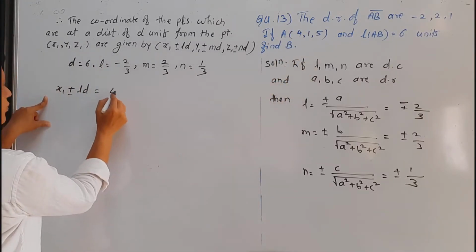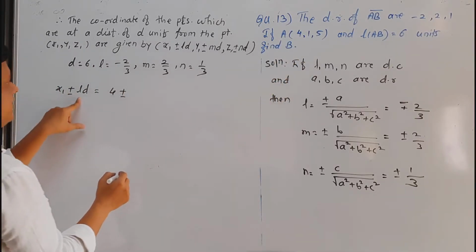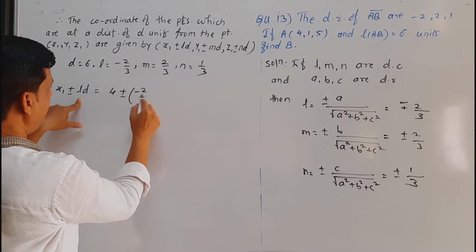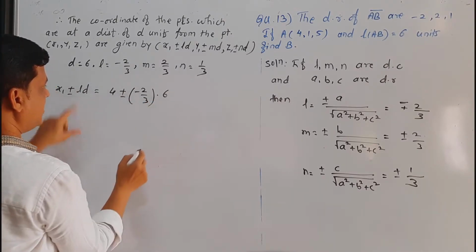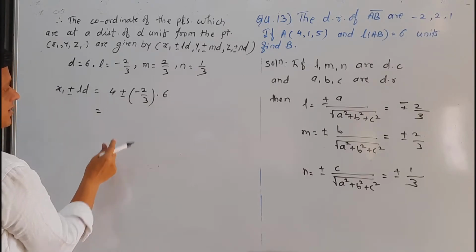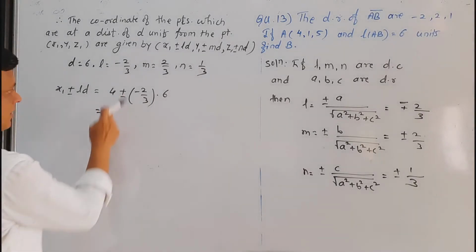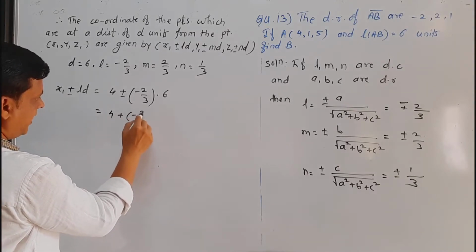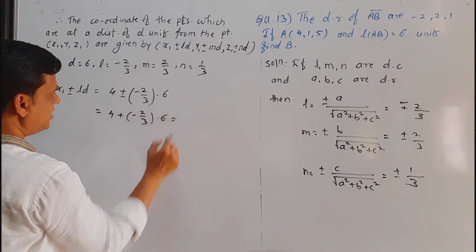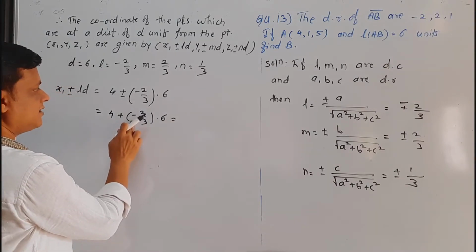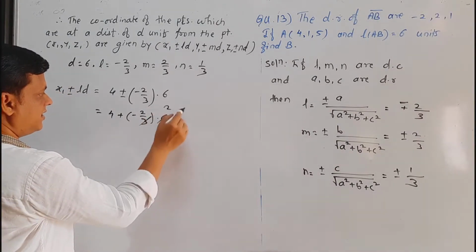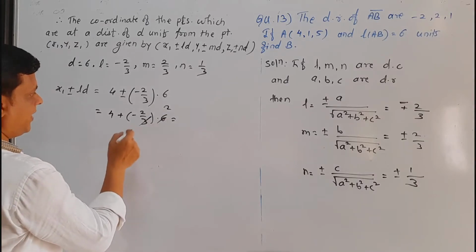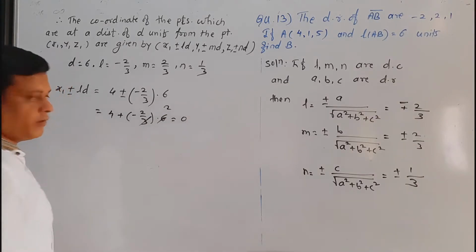So we write 4 plus or minus l, which is minus 2 by 3, into d, which is 6. So calculate this value first. When we take a plus sign, we get 4 plus in bracket minus 2 by 3 into 6, so we cancel this 3 into the 6, 4 minus 4, 0. So the first value we get is 0.